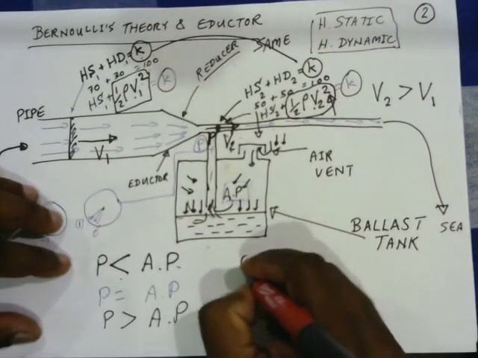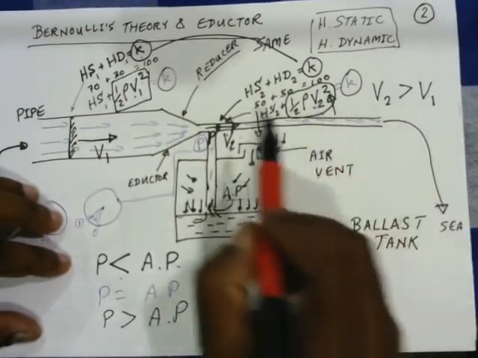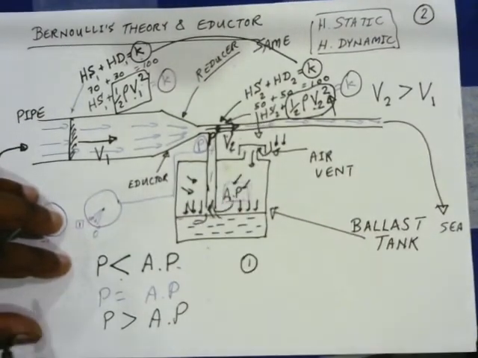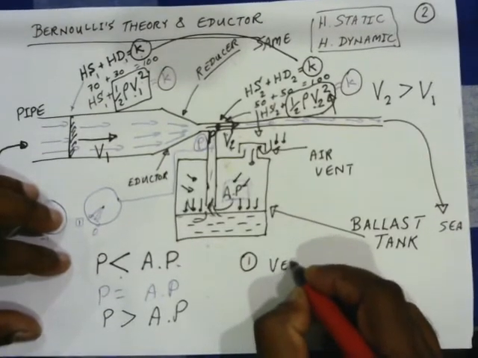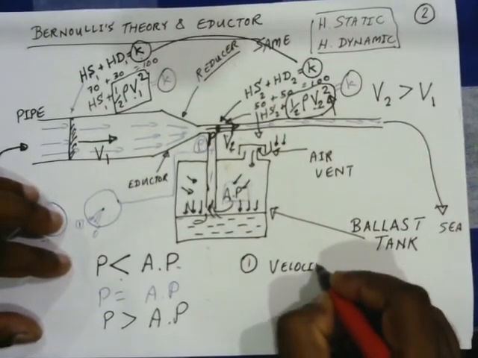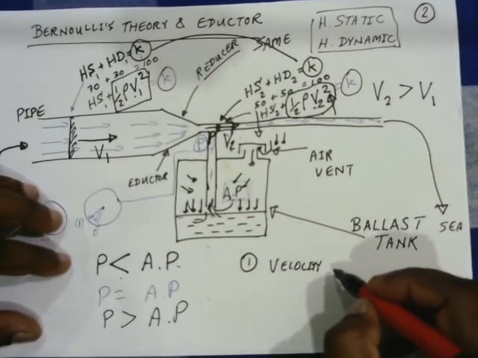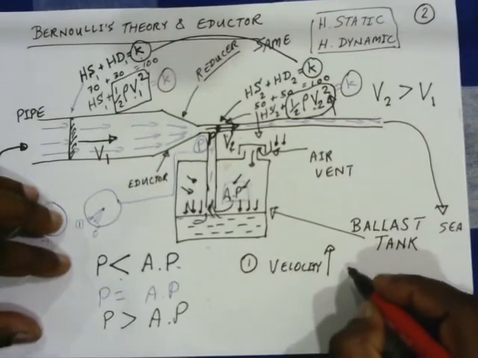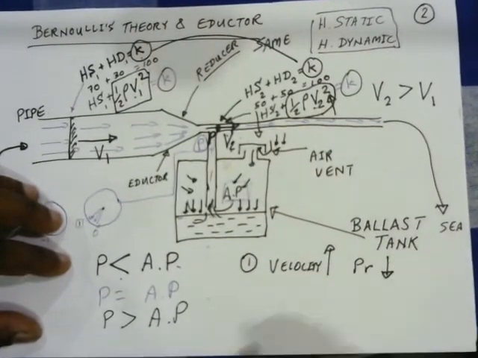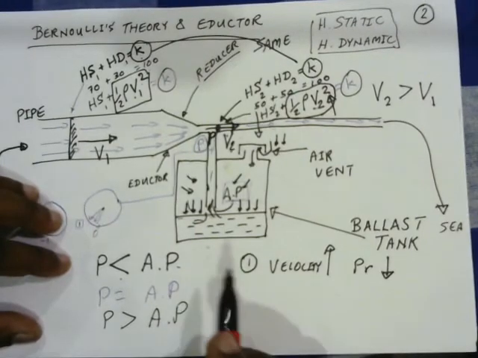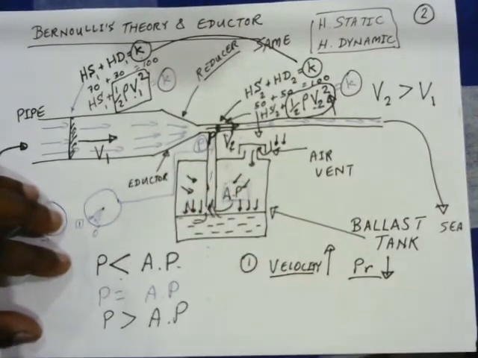Number one conclusion is that if velocity increases, pressure drops. This is the most important conclusion that we come to through Bernoulli's theory.